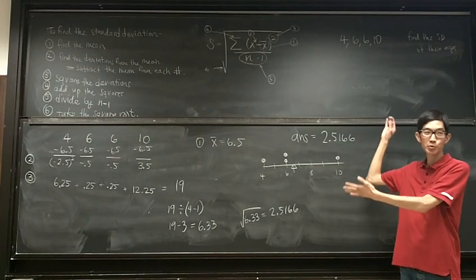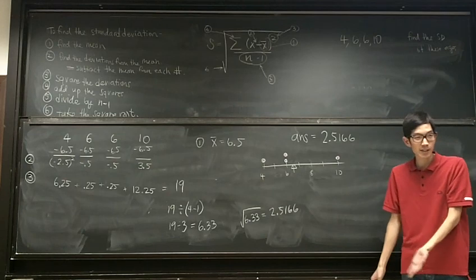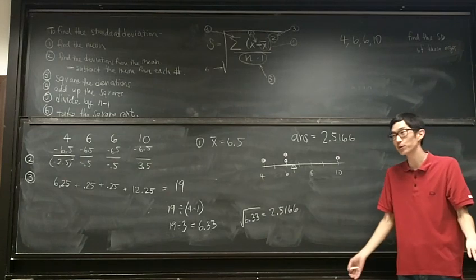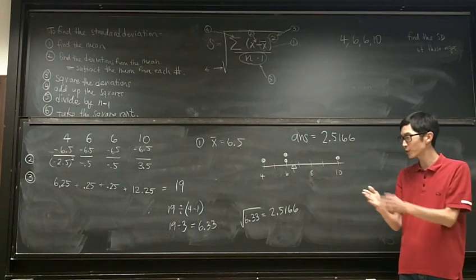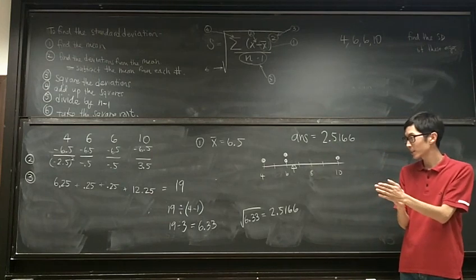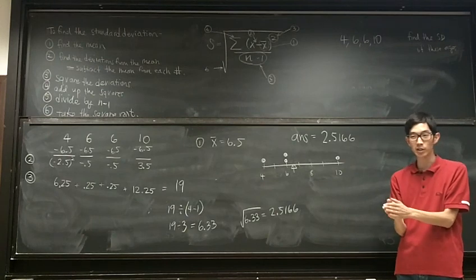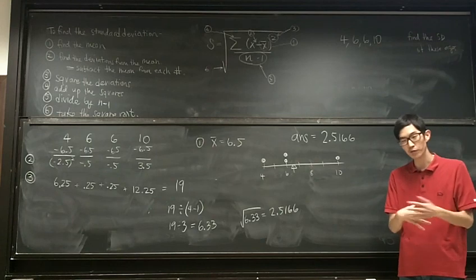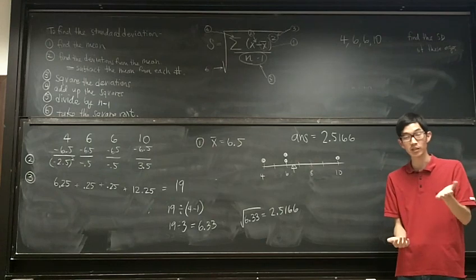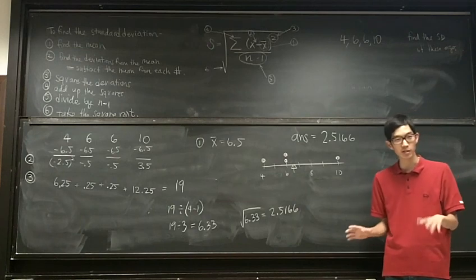If we had 30 numbers, we just put them into the computer and say, computer, find the standard deviation for me, and it will do that. But finding the standard deviation by hand, for 30 numbers, is a lot of work. I think it's reasonable to ask you to find the standard deviation for a set of maybe 5 or 6 numbers. Beyond that, I would agree, it starts to get tedious.